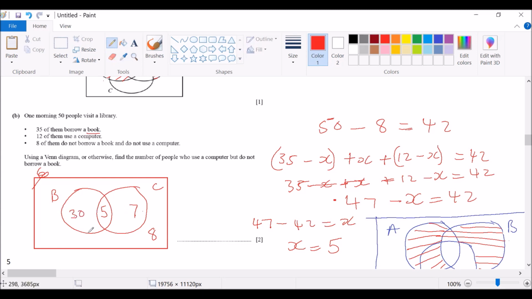Now, if we add all these, they should give us a total of 50 people. 30 plus 5 plus 7 plus 8 will give us 50. Using a Venn diagram, or otherwise find the number of people who use a computer but do not borrow a book. So people who just use a computer are 7.